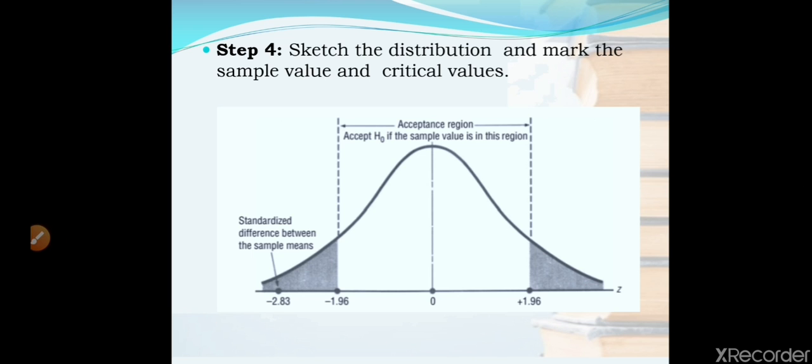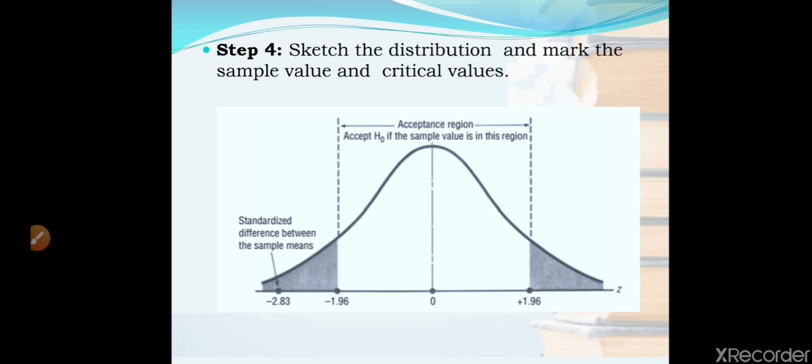So in this example, we were testing whether two populations have the same means. Because of this, the hypothesized difference between the two means, mu1 minus mu2 under H0, was 0.